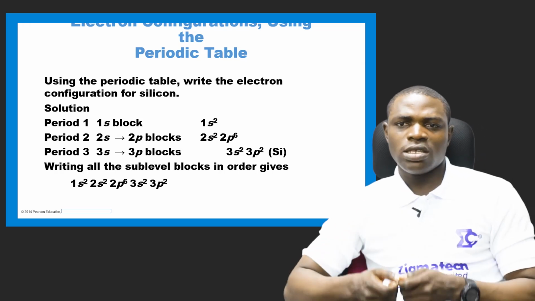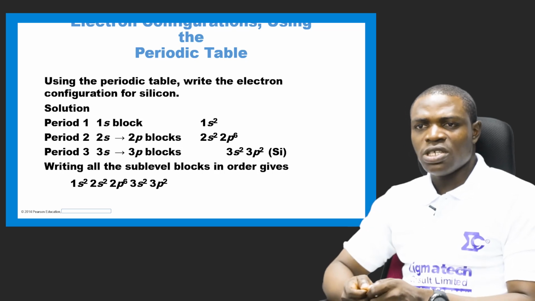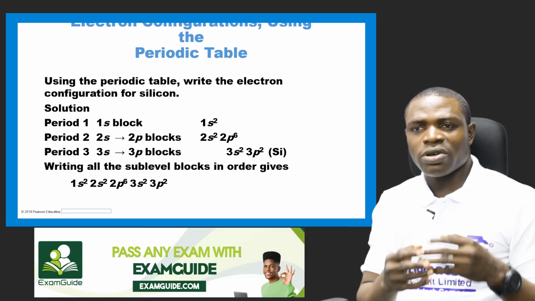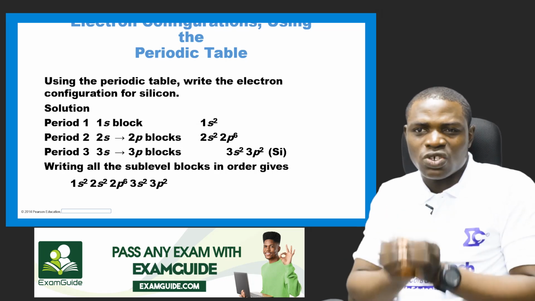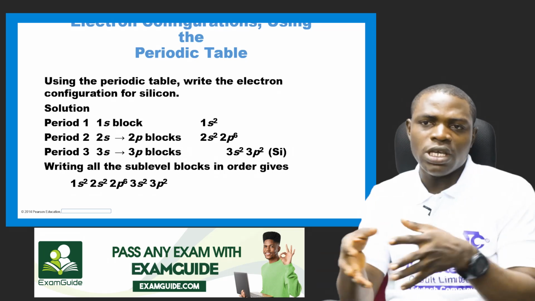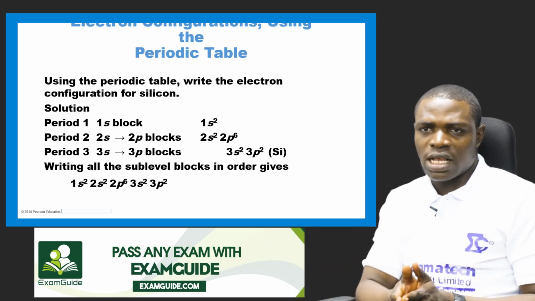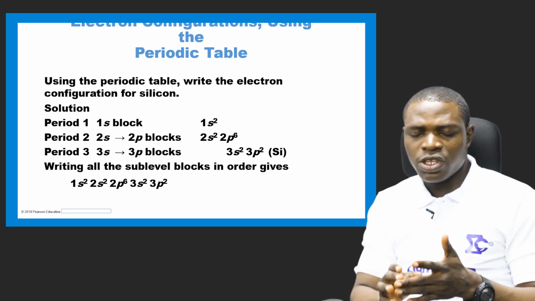Now if you look at period 2, you see the 2p block. It means that any electron that must fit into that configuration must have its electron coming out from the S block, coming into the P block. For instance, if you look at hydrogen, helium, lithium, beryllium.